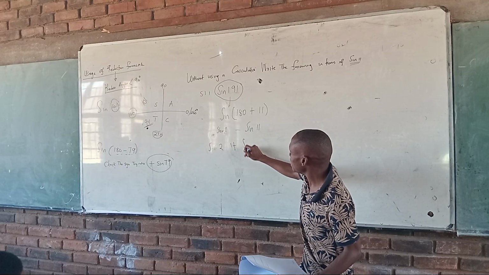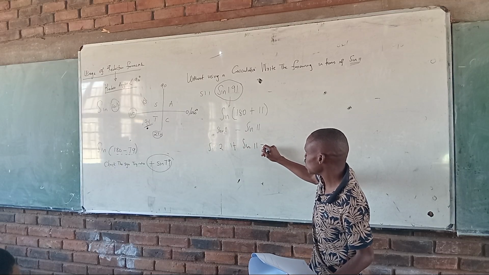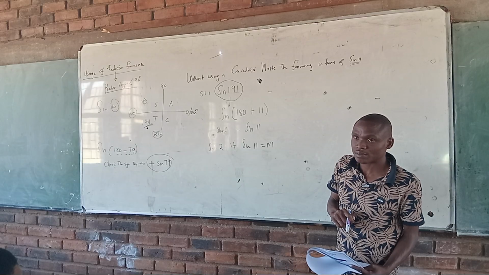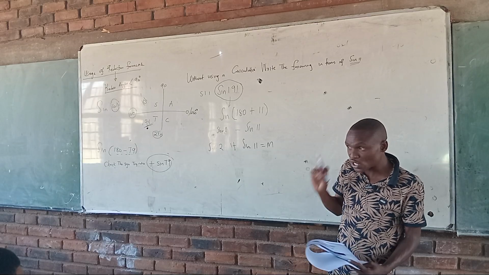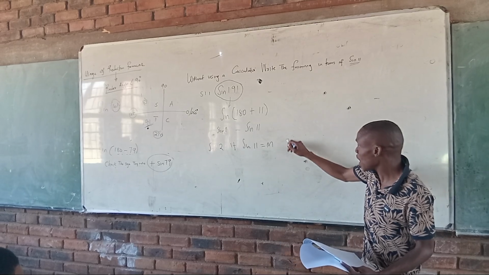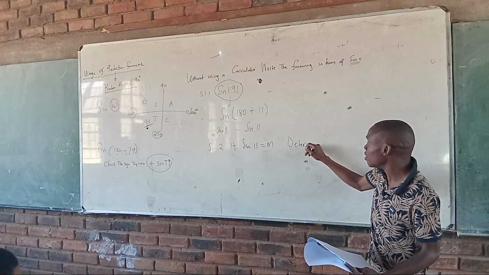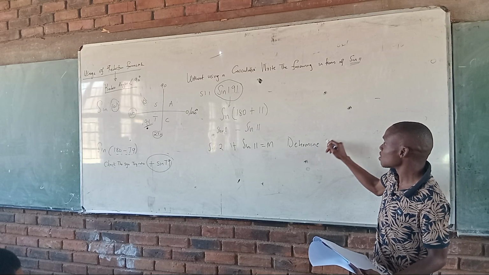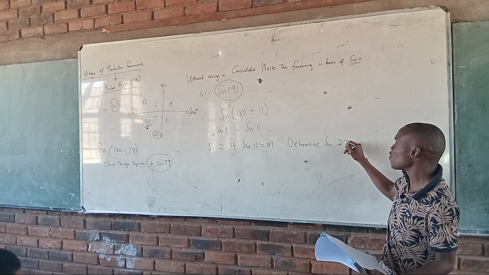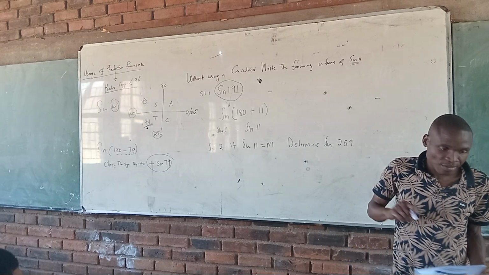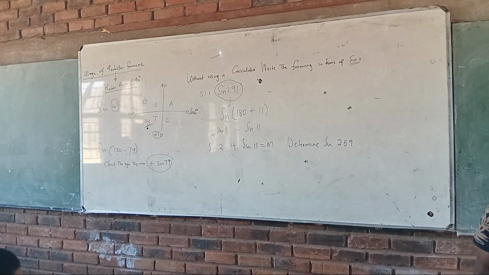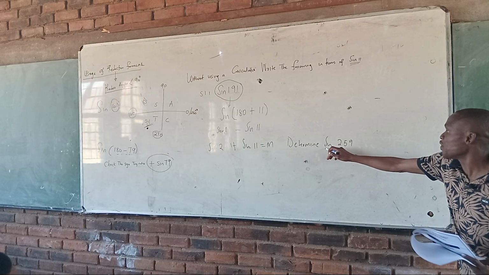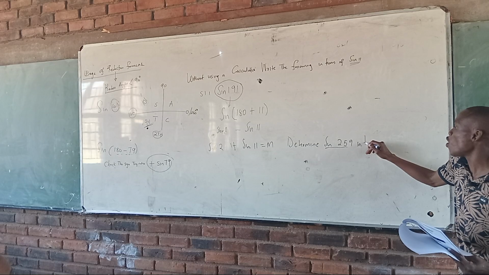If sine 11 is equal to m, determine sine 259 in terms of m.